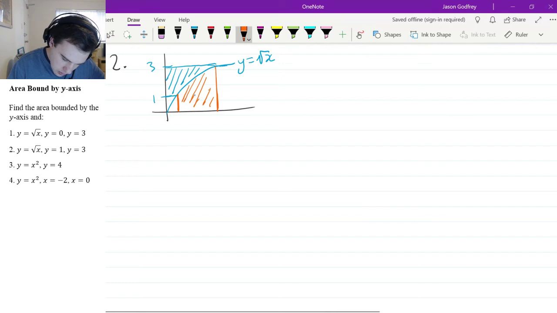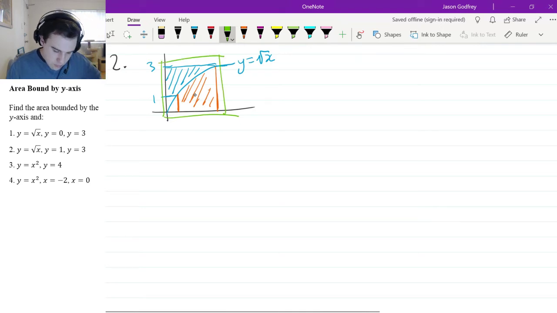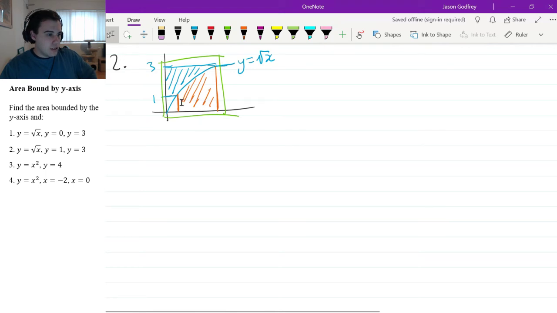So you'd want to do the big green rectangle minus the orange bit under the x-axis, and then minus this other little rectangle in here, because that'll block off and make a rectangle.